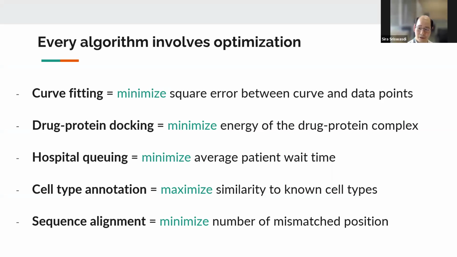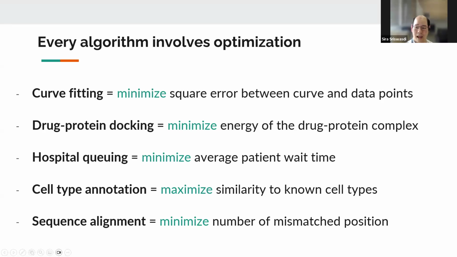Some of you might have fit a curve to your data before. When you want to draw a graph and fit a line, you have to find a line that best fits your scatter plot, your data points. And by best, you mean that you want to minimize the square of the error between the curve and the data points.